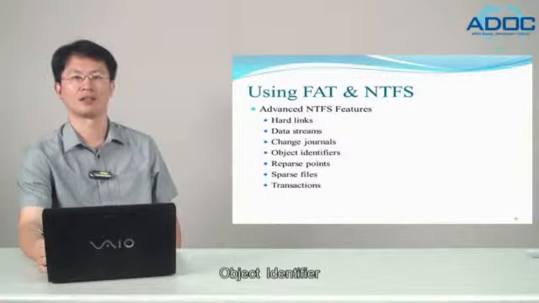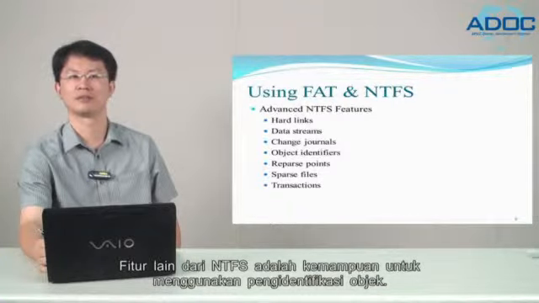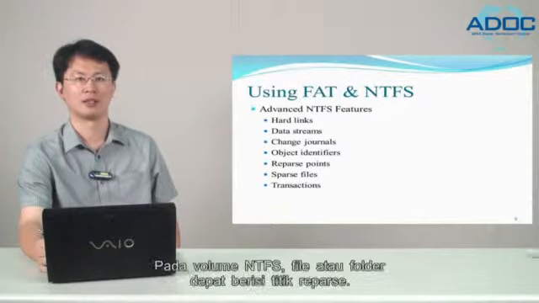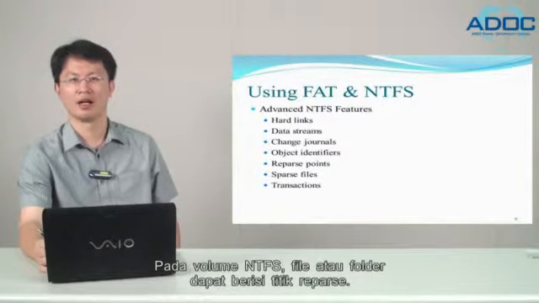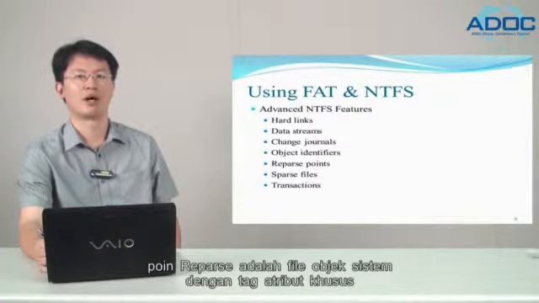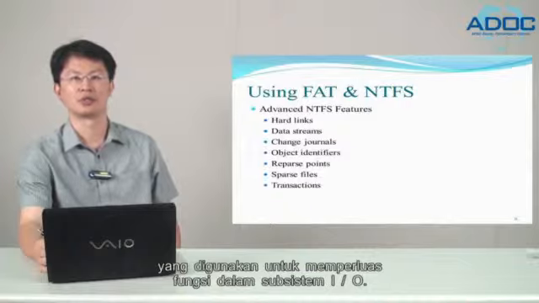Object identifiers. Another feature of NTFS is the ability to use object identifiers. Reparse points. On an NTFS volume, a file or folder can contain a reparse point. Reparse points are file system objects with special attribute tags that are used to extend the functionality of the I/O subsystem.